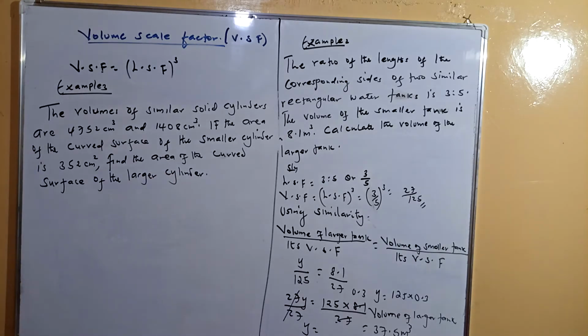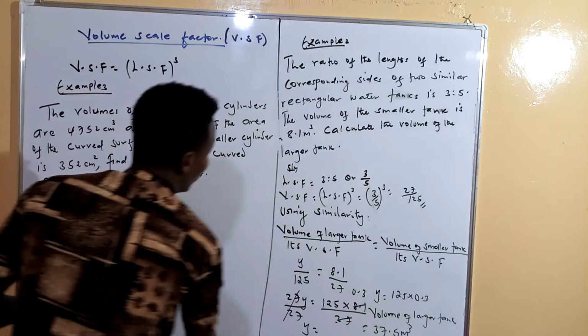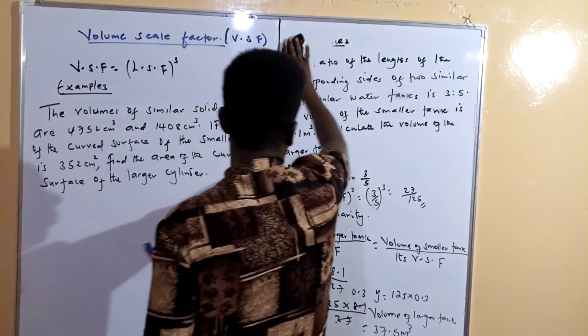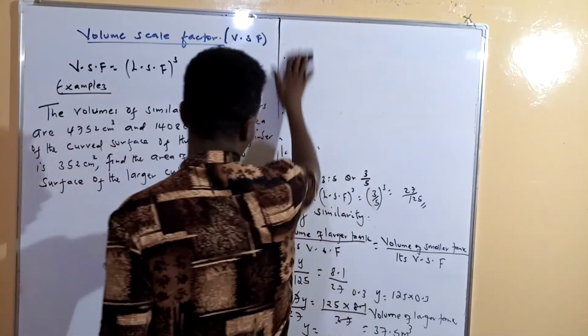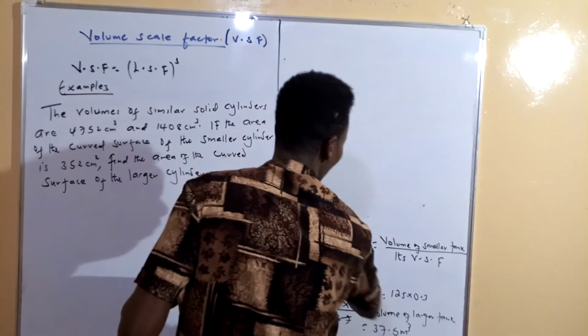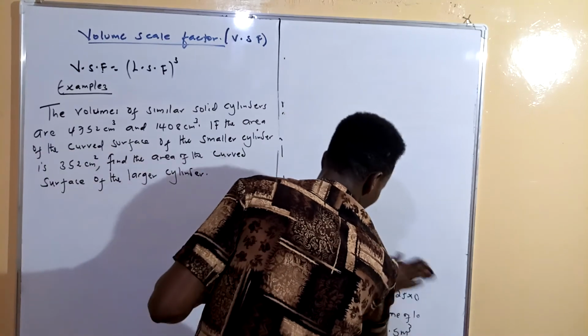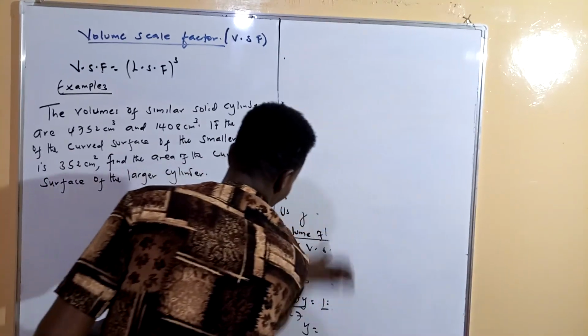Now remember, we are given the volume of the two cylinders and the surface area of the smaller cylinder. Now, how are we going to solve this question? Because we want to get the surface area of the larger cylinder.